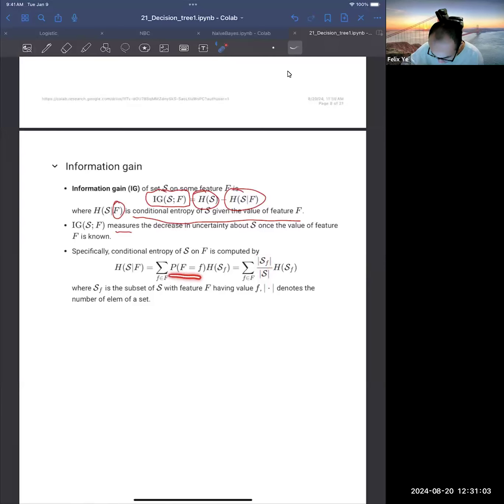The reason we call it weighted is that we have to multiply by the probability that my feature F equals the value f. This probability is nothing but the cardinality of S_f divided by the total number of elements in S. So you can see this is quite straightforward.